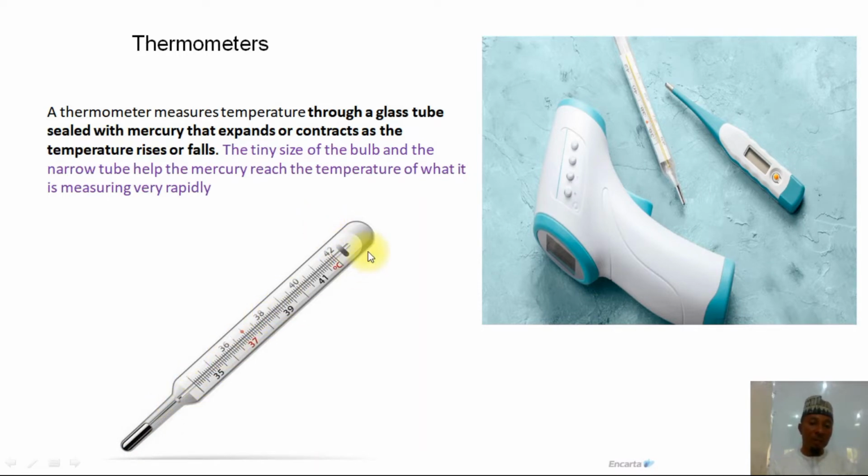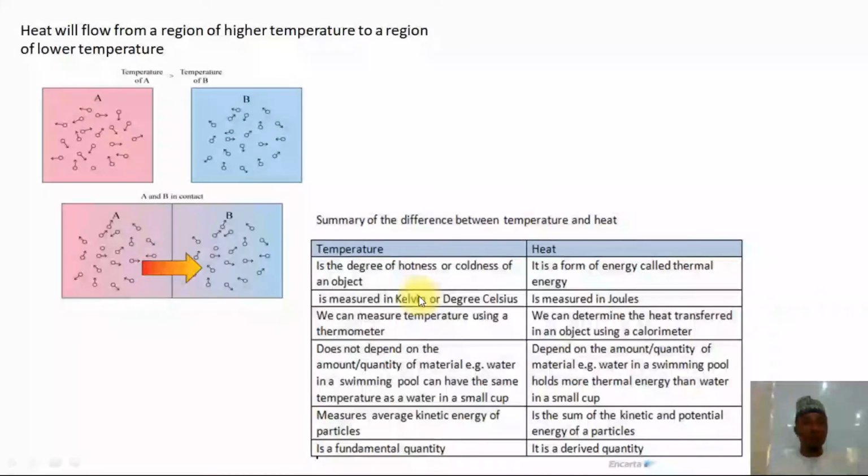So when you insert this thermometer in a hot liquid, for instance, or you put it in a particular environment, the mercury expands and rises by the action known as capillary action to a certain point through the bore and stops. Wherever it stops, you can read off as the temperature of that environment. This specific one here is used to determine the temperature of a human body, since the maximum reading here is 42 degrees.